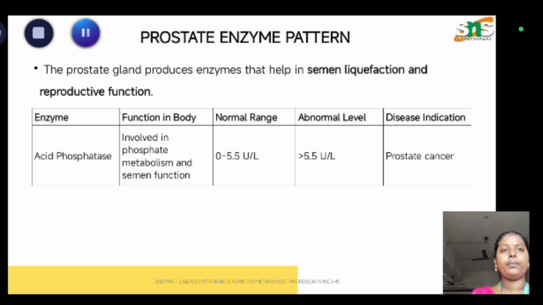And coming to the prostate enzyme pattern, the prostate gland is mainly for semen liquefaction and reproductive function in men. For the reproductive fertility of men, this prostate gland is important, and it mainly serves the semen liquefaction property.